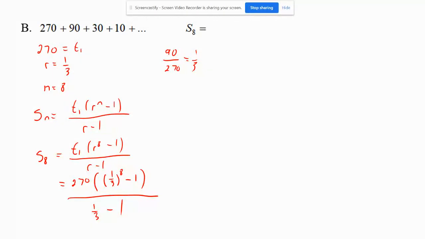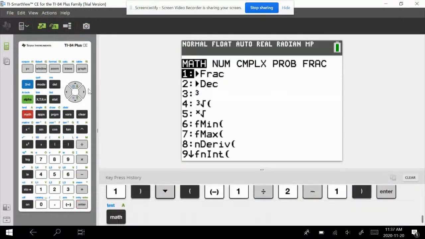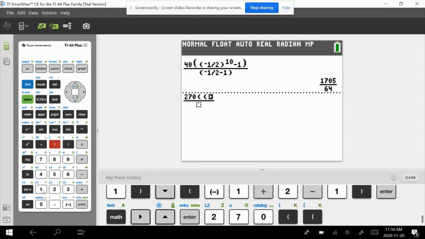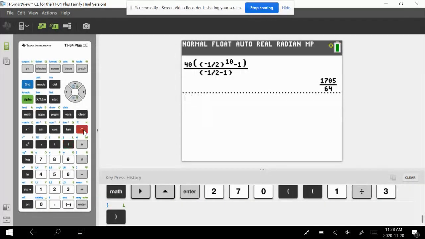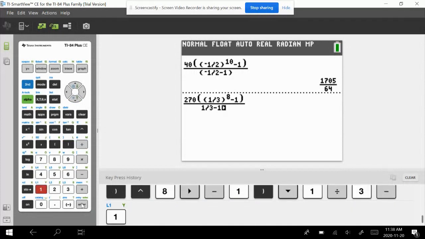Bear with me for 1 second here, guys. I just need to write this down on a piece of paper before I go to my calculator screen because I won't be able to remember it all. So we have, let's make a fraction, and you want to go 270, open your bracket, 1/3 exponent 8 minus 1, close the bracket here, and then we want 1/3 minus 1 in the denominator.